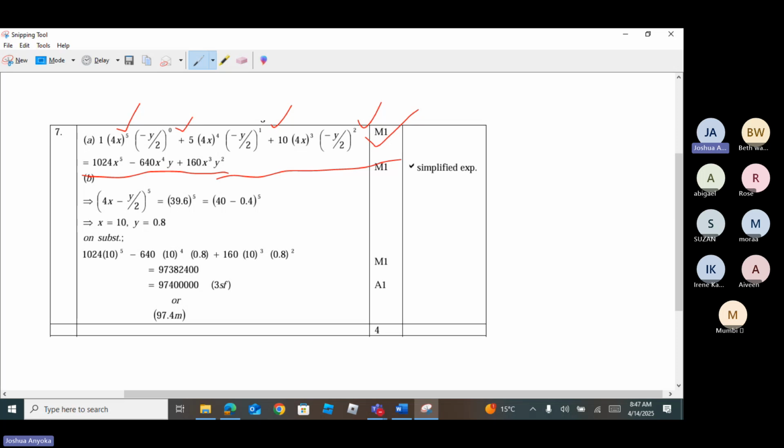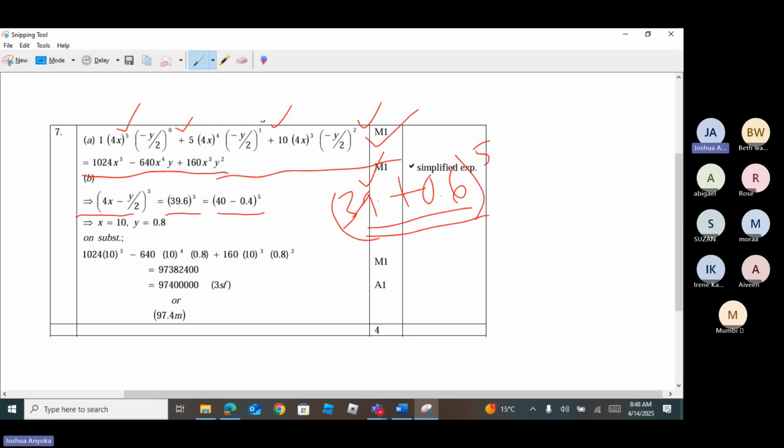In B, we said we are using our expansion to expand that 9.6. So we express that 9.6 to have 2 terms, but we check that we must have terms that we can easily evaluate. A person can even say 39 plus 0.6 to the power of 5. Still, it is workable. But 39 squared, 39 to the power 5, can bring you troubles.